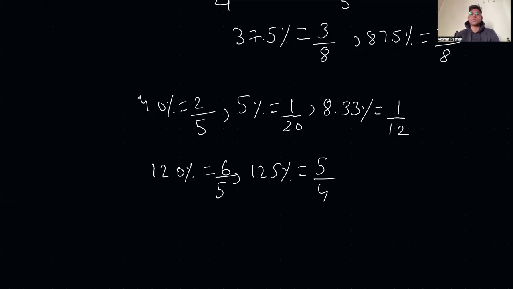Okay, 120% you can calculate, but I will say that 8.33% you should remember, because you won't do 833 by 100 during the exam. So where you see decimal values, I think you should learn them. Okay, so I think I will tell you just decimal values only from now.